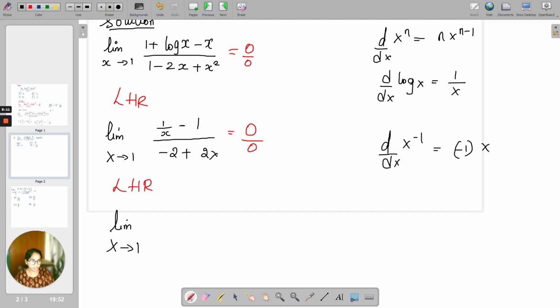Yes, into x to the power minus 1 minus 1, so x power minus 2. Yes, I'll write that as 1 divided by x square. So basically this is minus 1 into x to the power minus 2. So I'm writing that as minus 1 divided by x square.